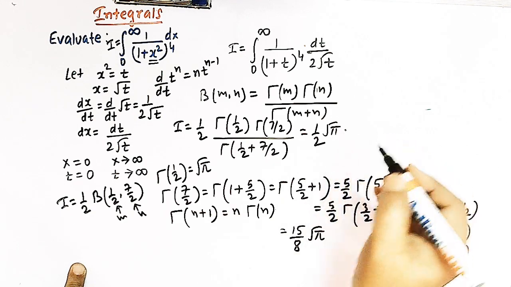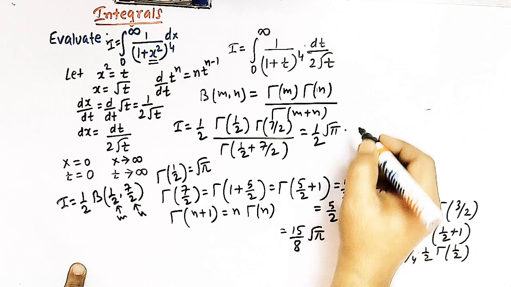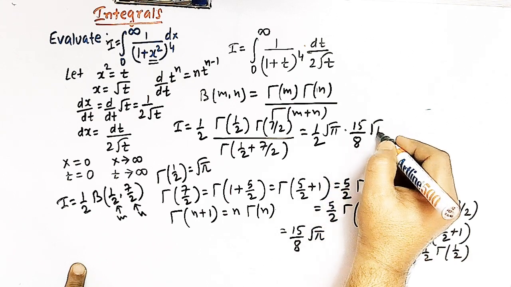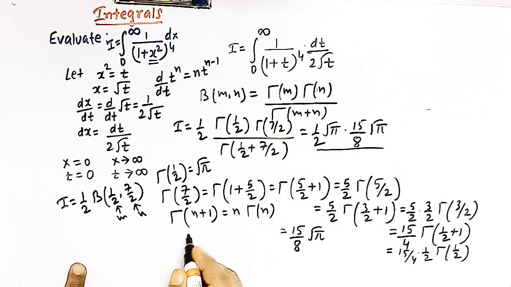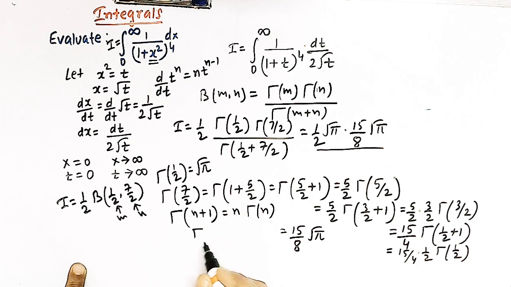So now here we can substitute the value of gamma 7 over 2 as 15 over 8 times square root of pi, and in the denominator we have gamma of 7 plus 1, that is 8 over 2, which is 4.